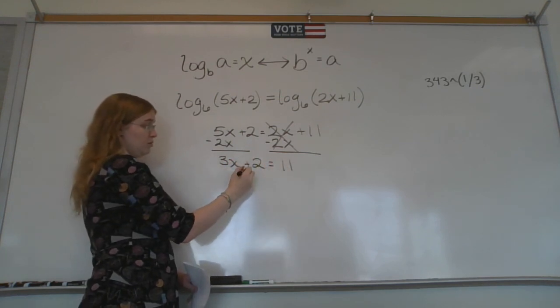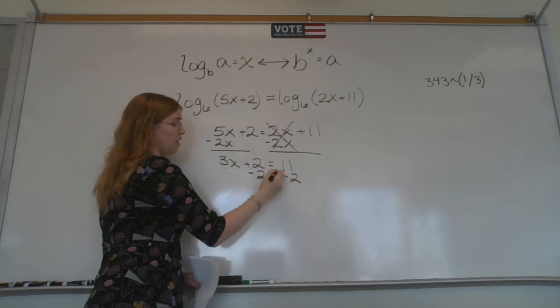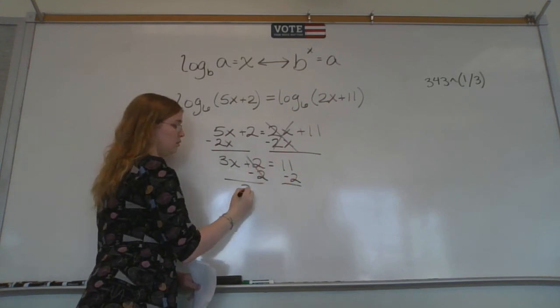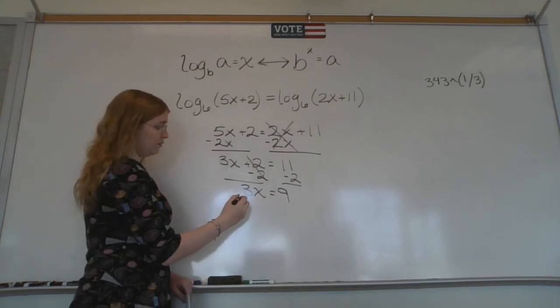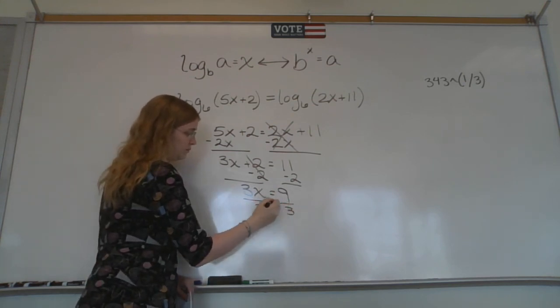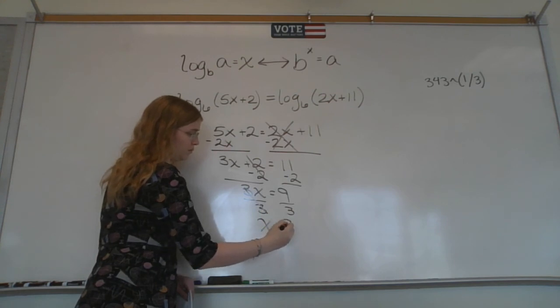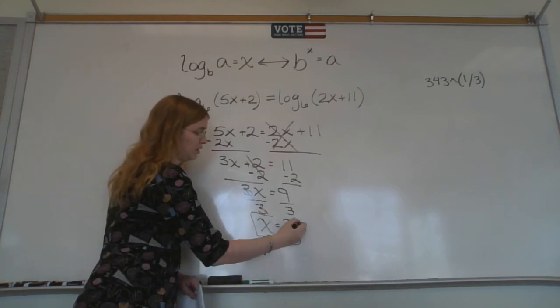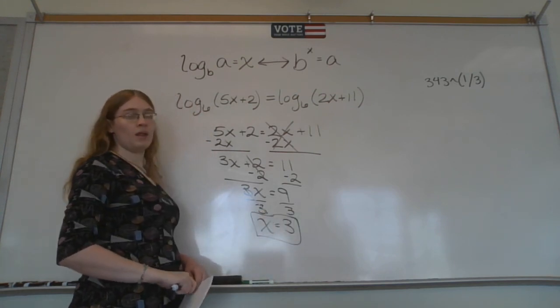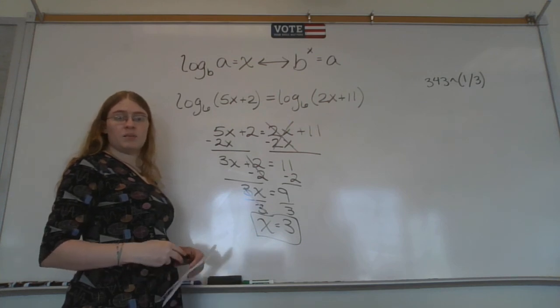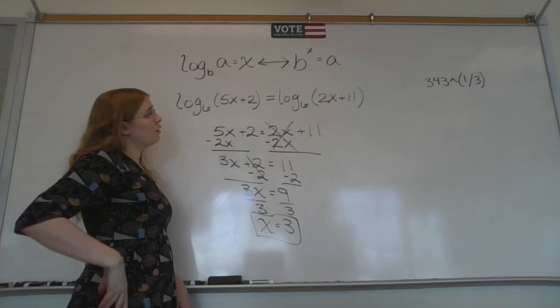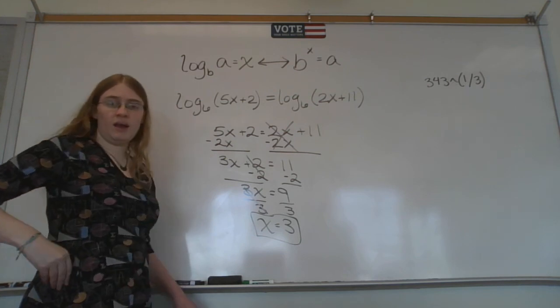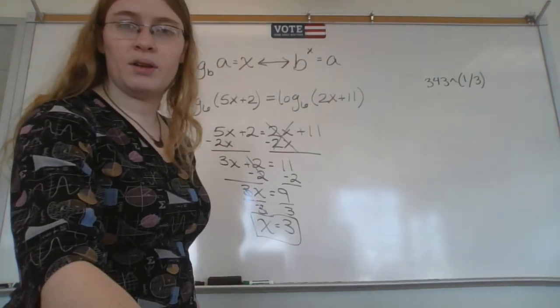And now, we got to get the numbers to the other side. And finally, we divide. We get x equals 3. So that's all some examples of logarithmic equations. And now you can try some yourself, you lucky ducks.